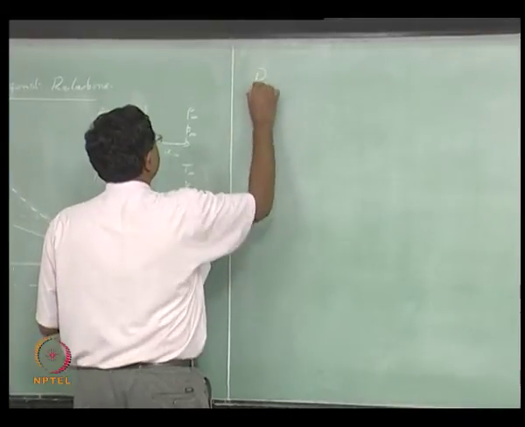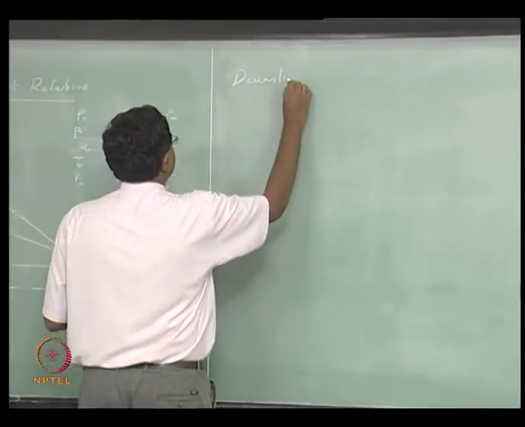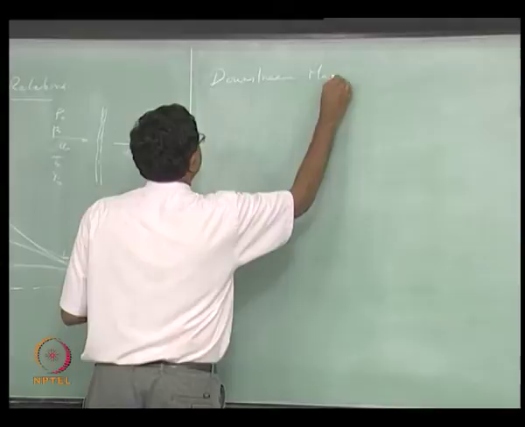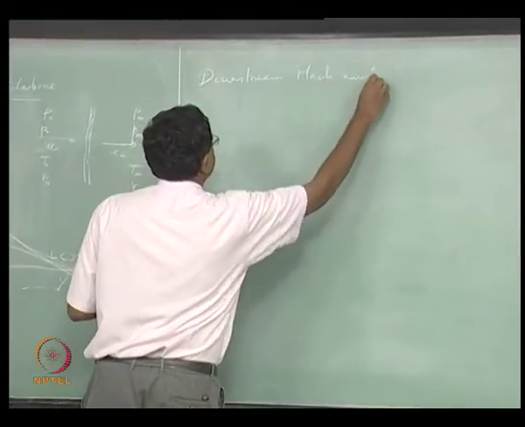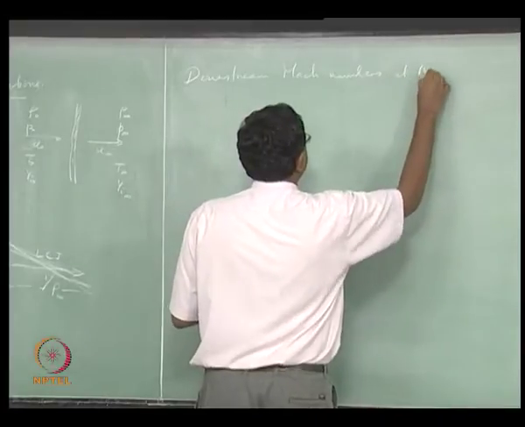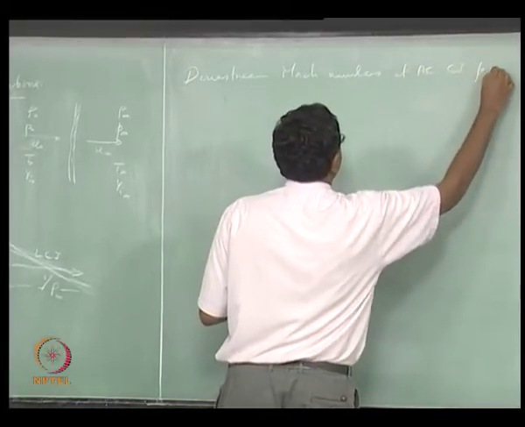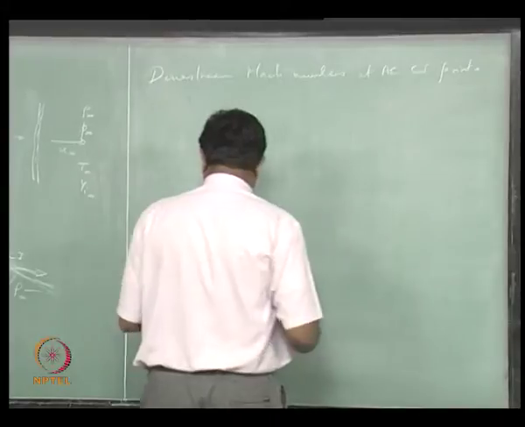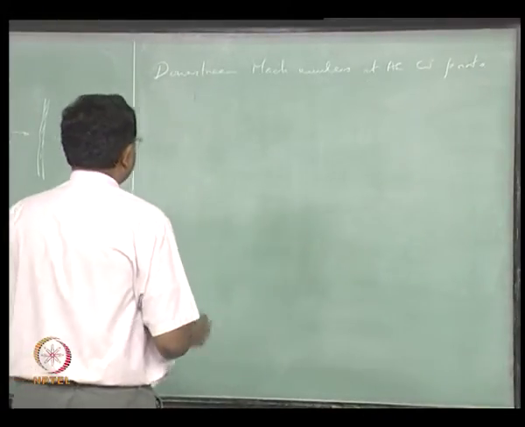So downstream Mach numbers at the Cj points, right.